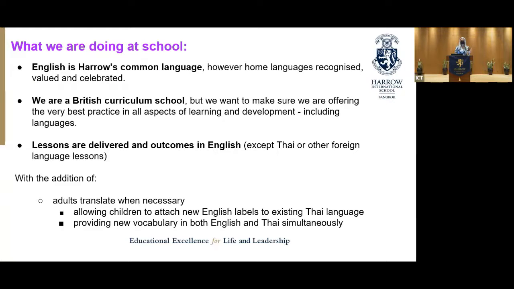But where necessary, adults will be empowered and encouraged to translate, allowing children to attach the English language onto those existing structures that they've got, and providing new vocabulary in both English and Thai. Because we are attaching English labels onto existing Thai structures, we need to make sure that their Thai home language foundations are really strong.